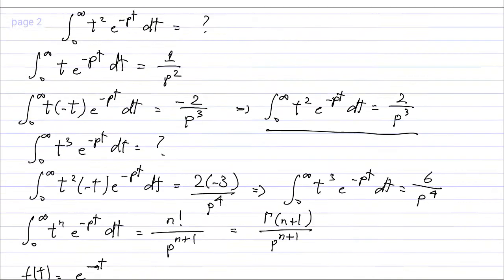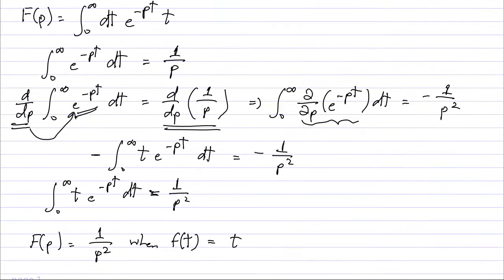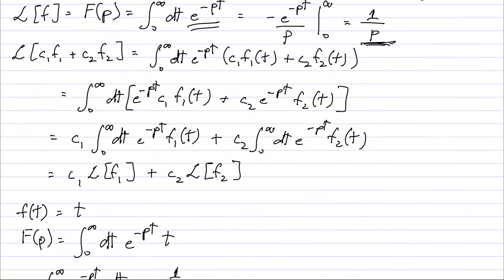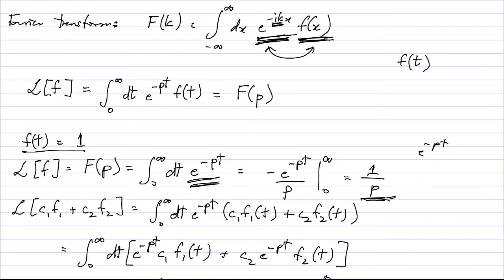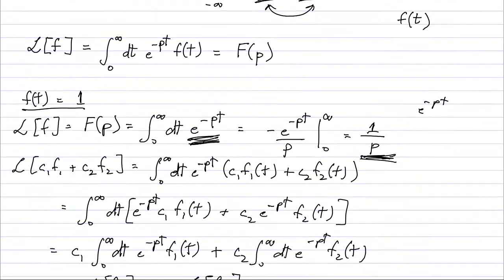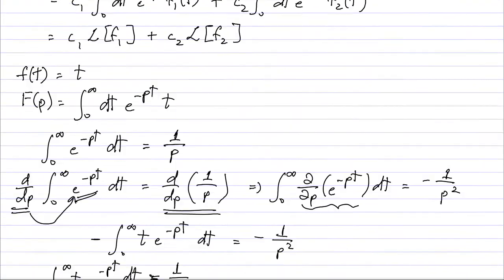When I had only e raised to power minus pt, I was getting 1 over p. When I have e raised to power minus at as well, I can combine the two exponentials, you get e raised to power minus (a plus p) t, and so the Laplace transform is going to give me 1 over p plus a.